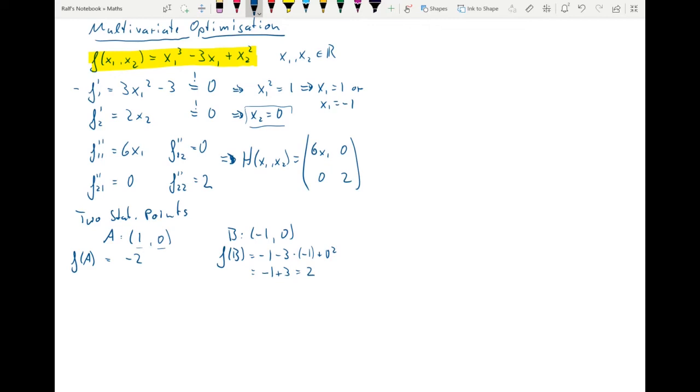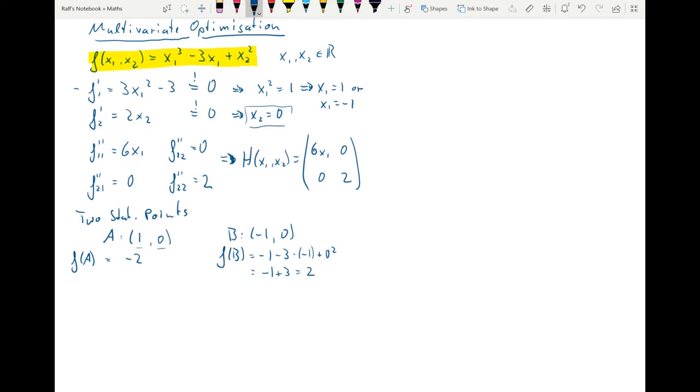That by itself possibly already tells us that B has to be a local maximum, or one of them. Actually, let's find out. It's not so straightforward. So next, what we want to know is whether the function at point A is concave, convex, or neither, in which case it would be a saddle point.